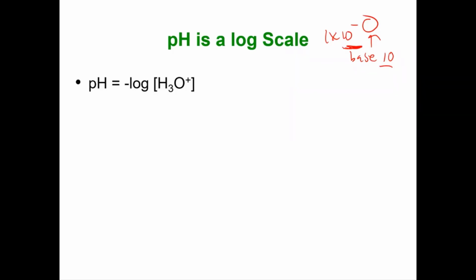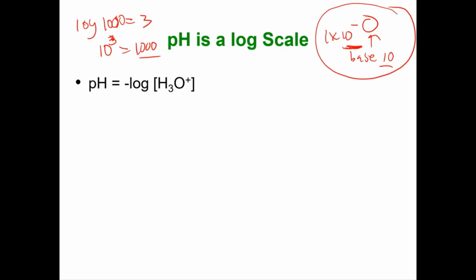So if you were to go log and then hit 1,000 on your calculator, you would get 3. Why? Because log is base 10, and 10 cubed would be 1,000 in exponential form. So the log is basically taking exponential form and converting it into an easier number for us, basically an exponent.